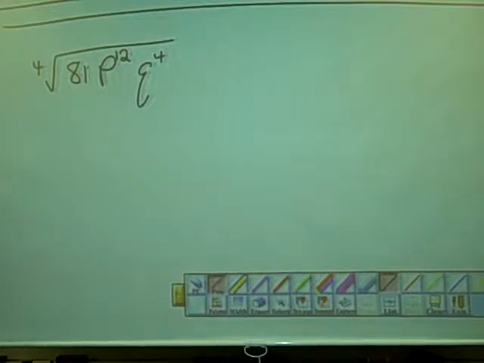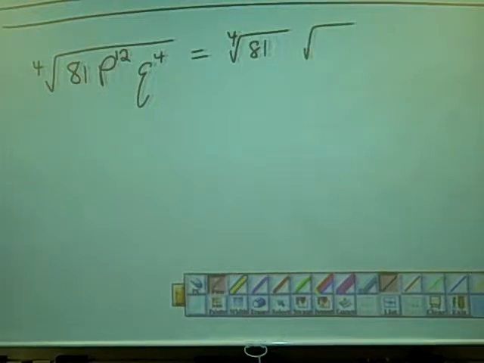You can look at this as the fourth root of 81 times the fourth root of p to the 12th times the fourth root of q to the 4th.